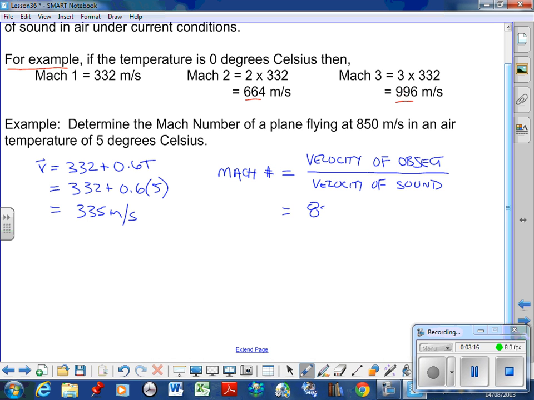So 850 divided by 335 gives us Mach 2.5. So therefore, the plane is at Mach 2.5, so 2.5 times the speed of sound. That's all that really means.